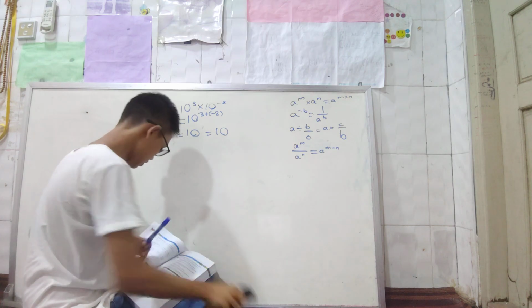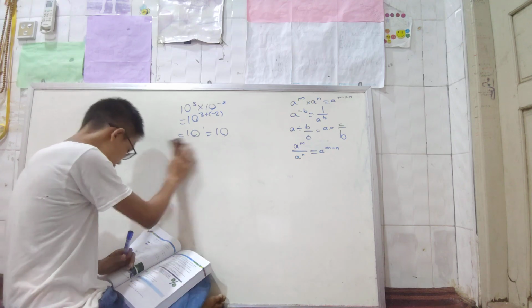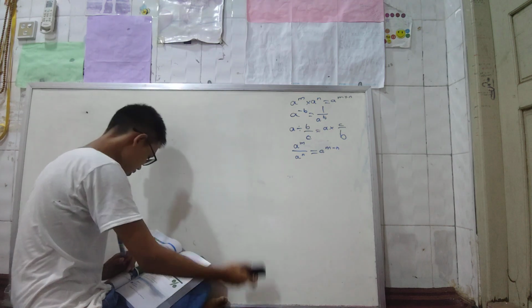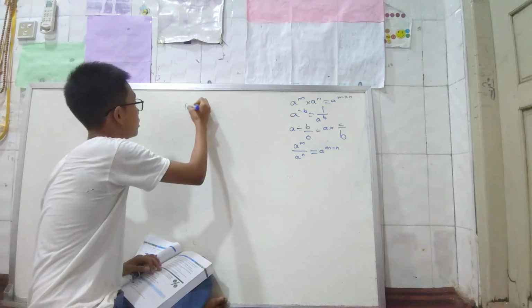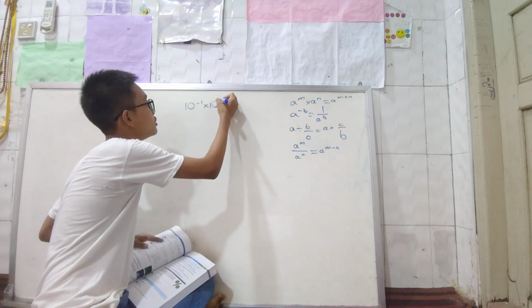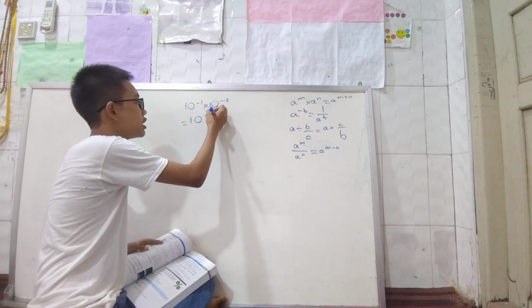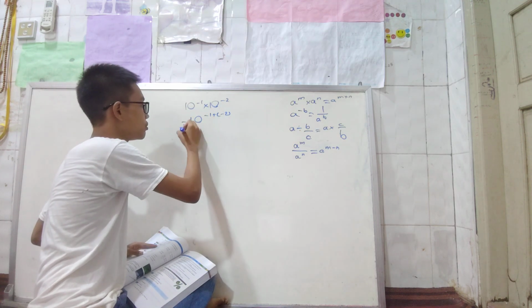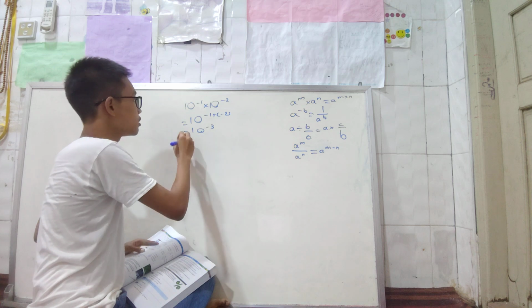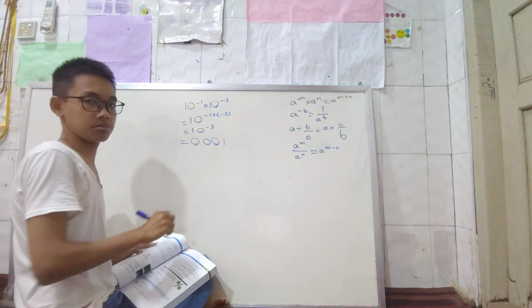Done. What about number 2? Number 2 is 10 to the power of minus 1 times 10 to the power of minus 2. So that's going to be 10 to the power of minus 1 plus minus 2, which is 10 to the power of minus 3, which is then 0.001.